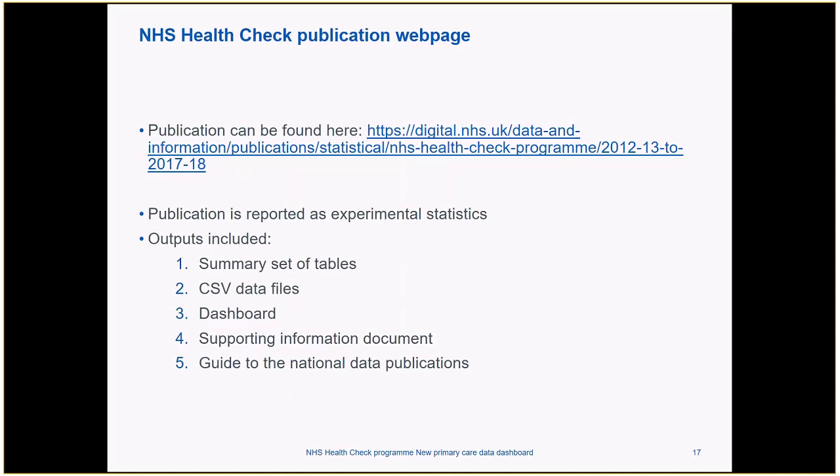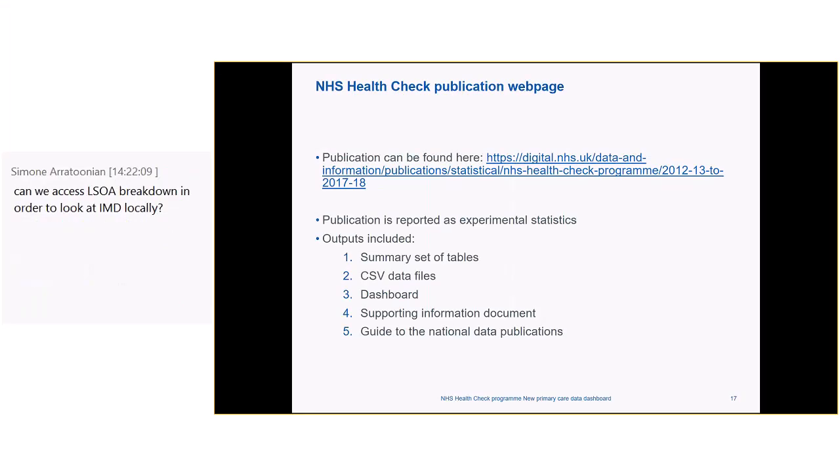The first one is a set of summary tables, which will show you, for each of the demographic breakdowns that we've published, national levels of attendees and non-attendees. There's then a host of CSV data files that are machine readable, so that if there's any more detailed analysis that you need to do that's specific to your area or a question that you have, you'll find the lowest level of detail available in those.